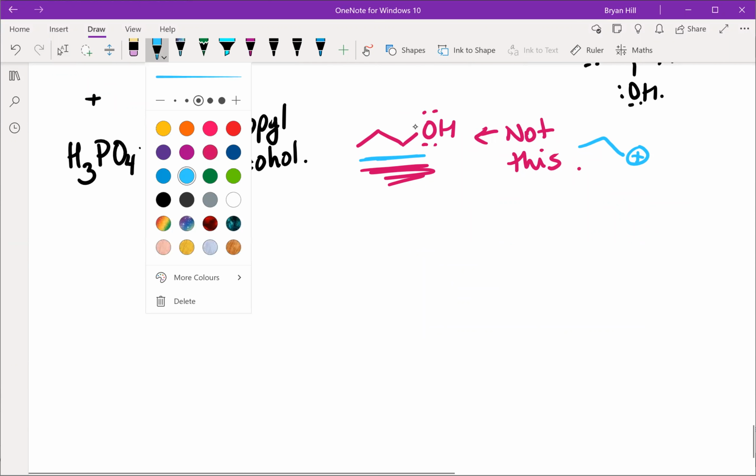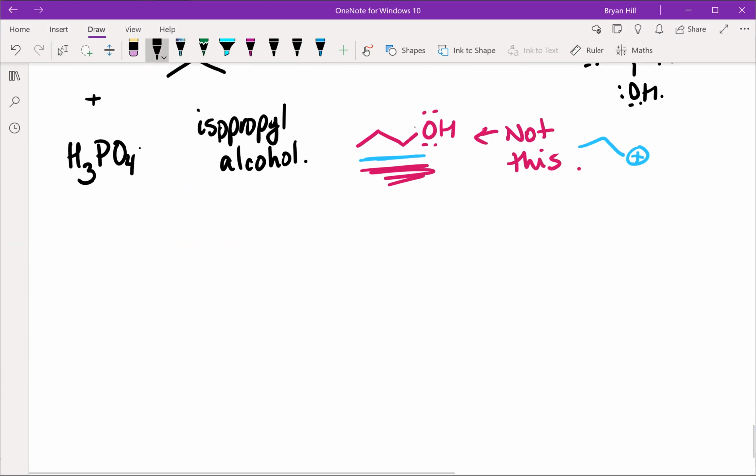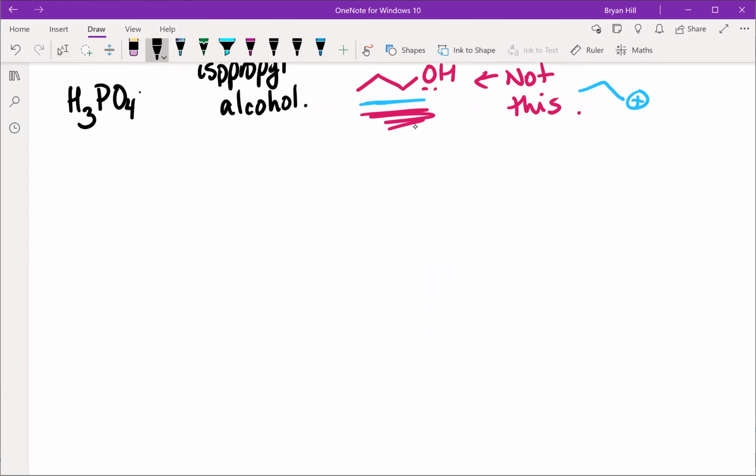So chemists have developed two other ways of adding water, which don't involve high temperatures and don't involve strong acids. Addition of water.